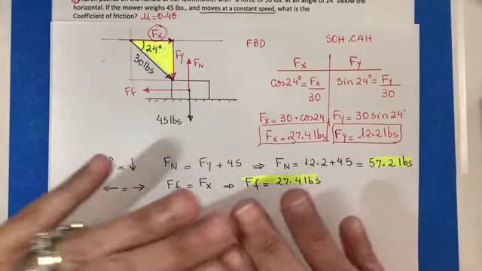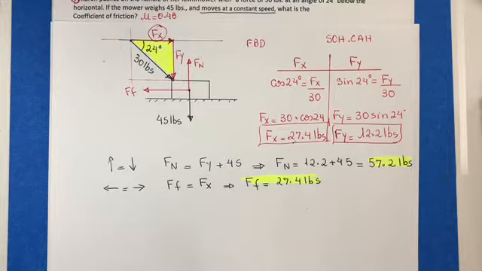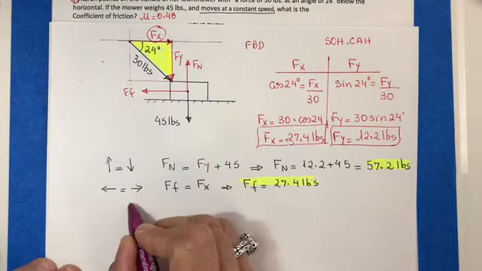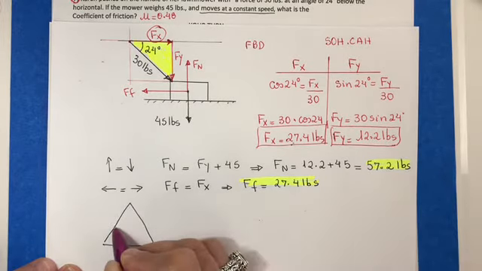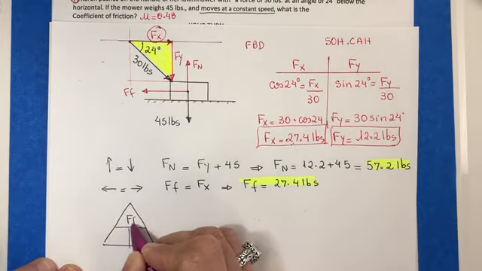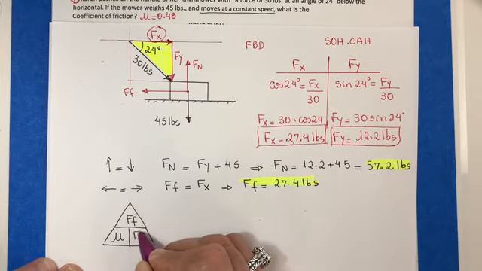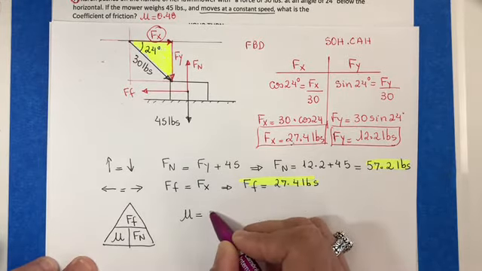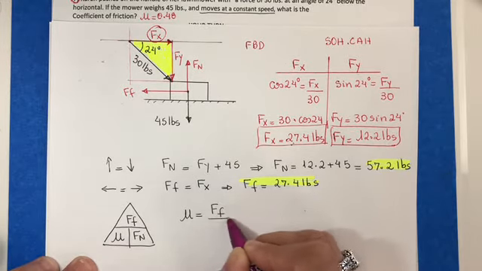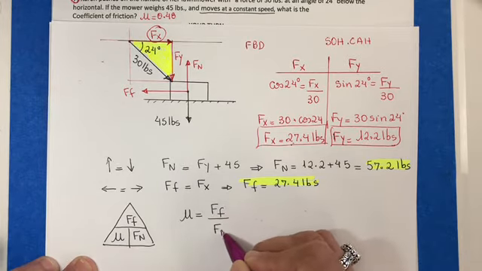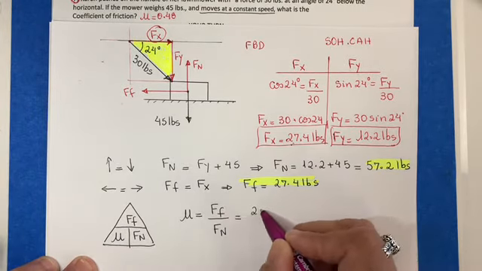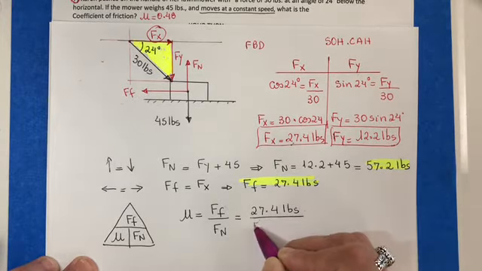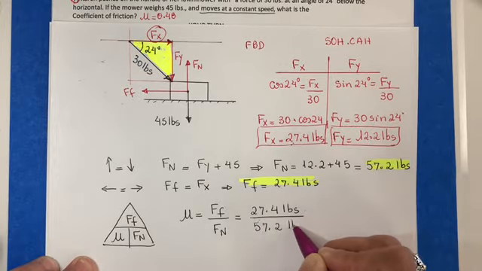So it's always good to stop the problem and ask actually what the problem is asking. So the problem is asking the coefficient of friction. So we know by our triangle formula for friction, coefficient of friction and normal force, that mu, the coefficient of friction, is the friction force over normal force. So we have the friction force is 27.4 pounds and our normal force is 57.2 pounds.